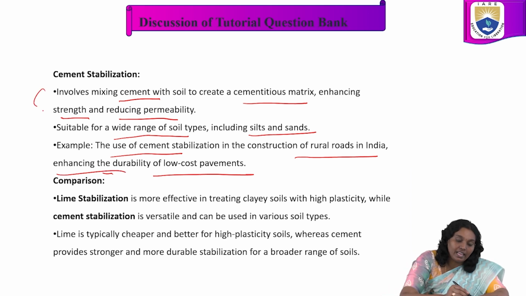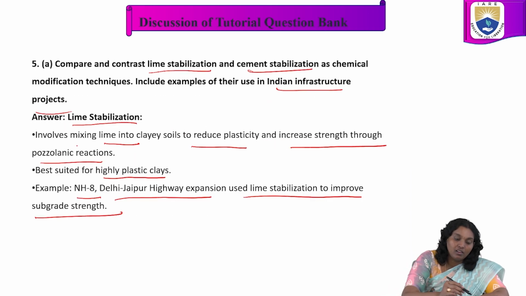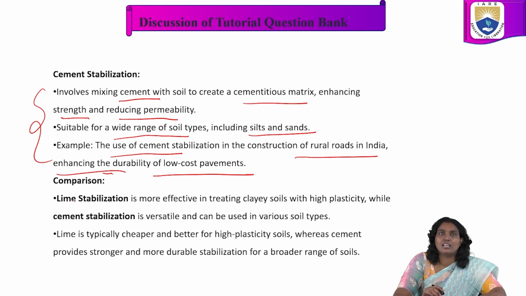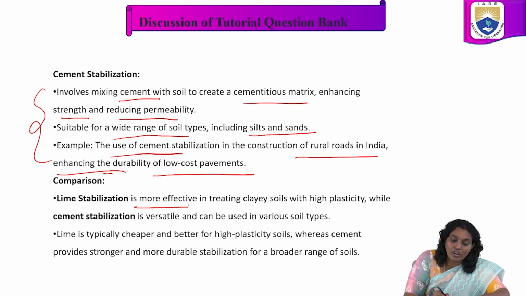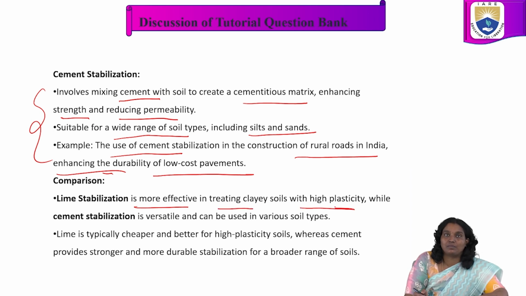So, these are the examples, and we are understanding lime stabilization and cement stabilization individually. Comparison between these two: lime stabilization is more effective in treating clayey soils with high plasticity.